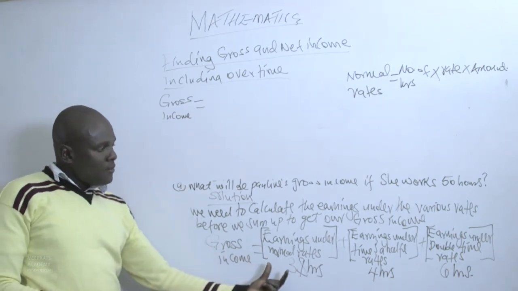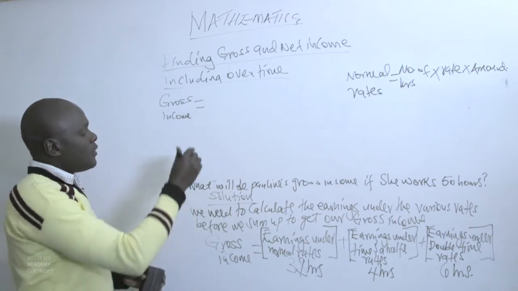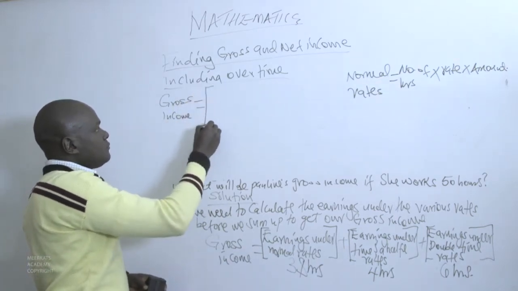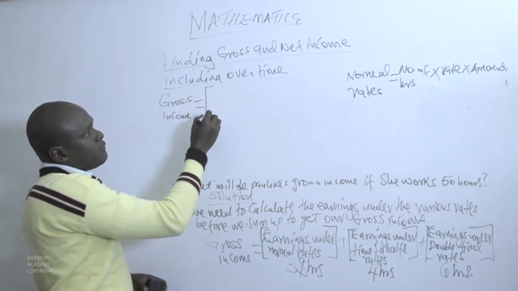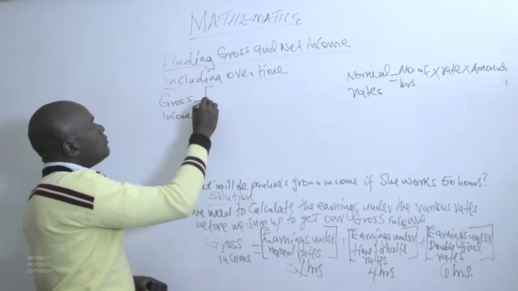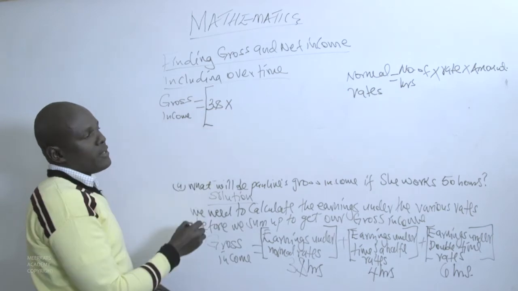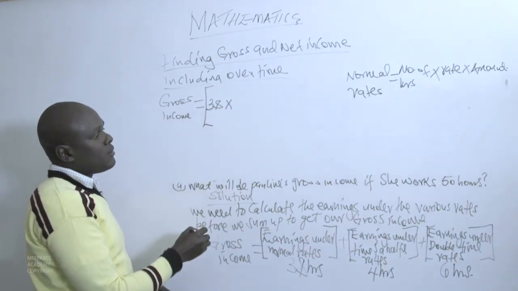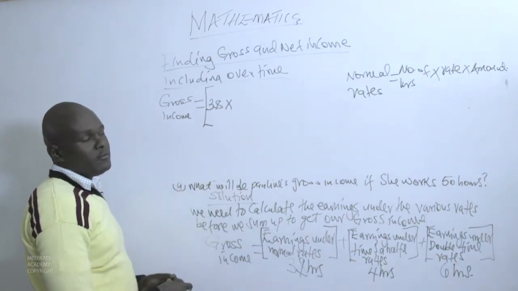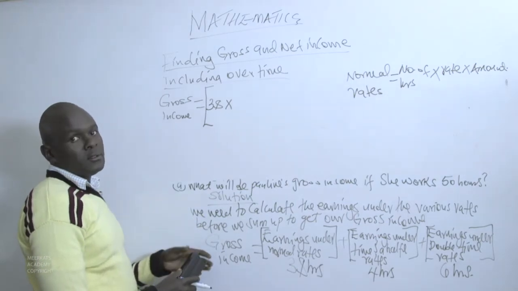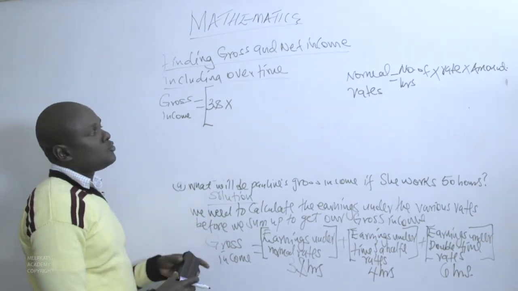So under the normal rates, we are going to have 38 hours, multiplied by the rate. And when I talk about the rate, we are talking about the factors 1, 1.5, and 2.